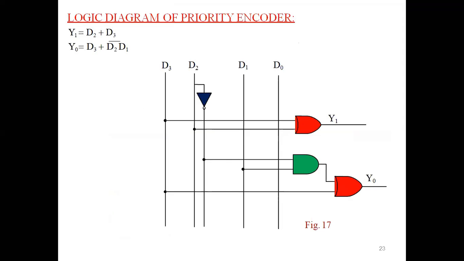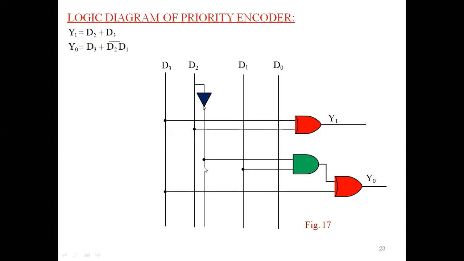D3 is 0, D2 is 0, D1 is 1 and D0 is 1. D3 is 0, and D2 is zero's complement.